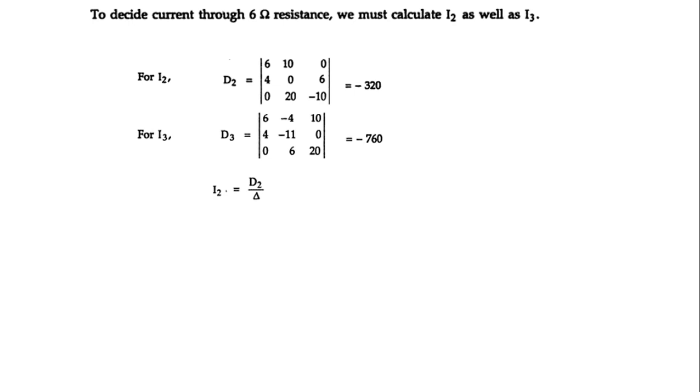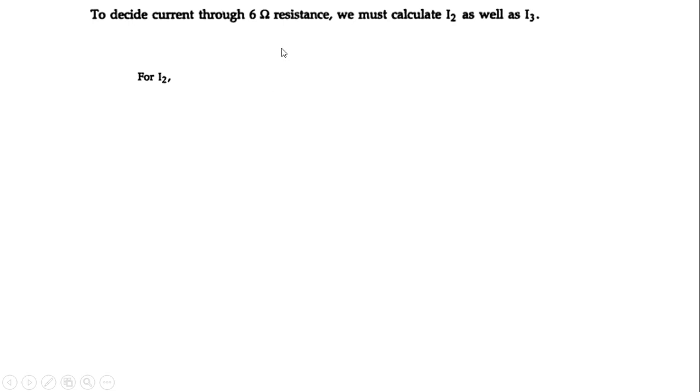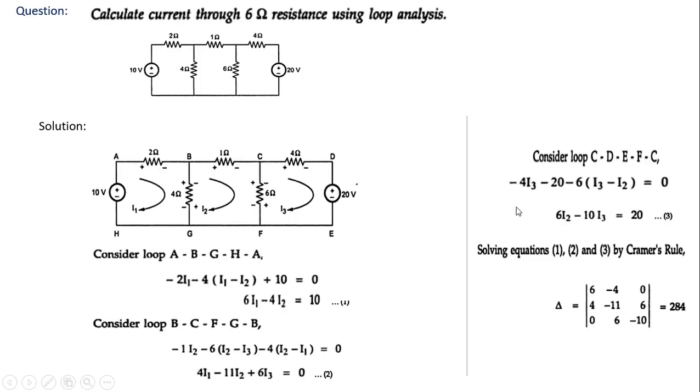How is it possible? First we have to know. Already we have taken the value of del. After that, for finding the I2 and I3 current values, we are considering further matrices, that is D2 and D3. To write D2, we are replacing the second column from the del matrix. Listen here.